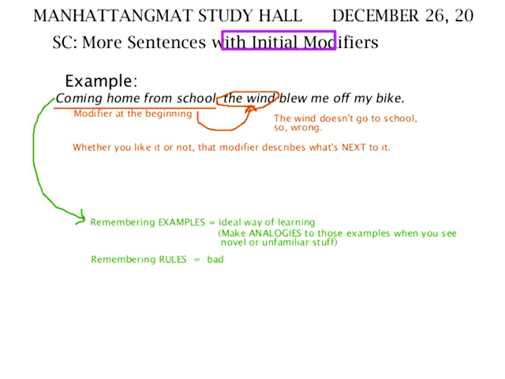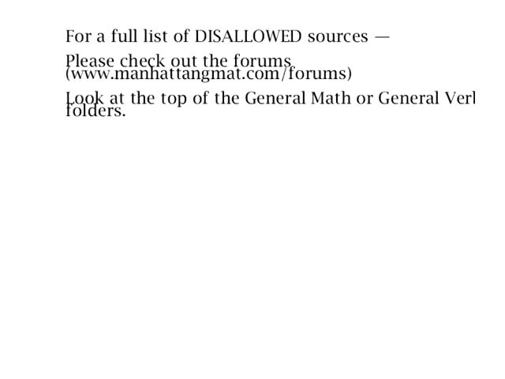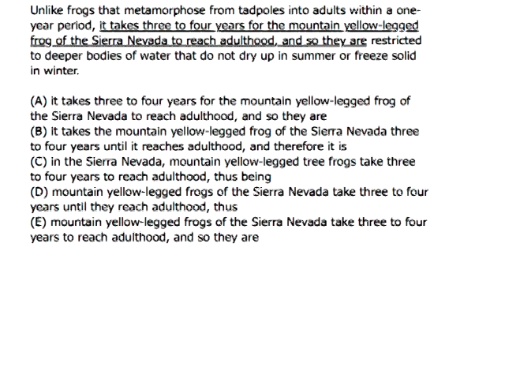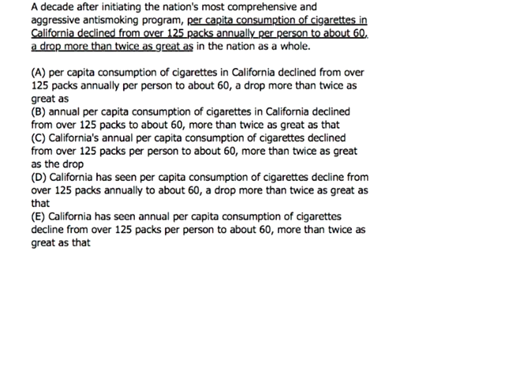So in other words, when you see this problem, "a decade after initiating the nation's most comprehensive anti-smoking program," you should think, oh, hey, that's a lot like "coming home from school." You don't need to think initial modifier or anything like that, and you most certainly don't know how to classify it. I don't know how to classify it either.